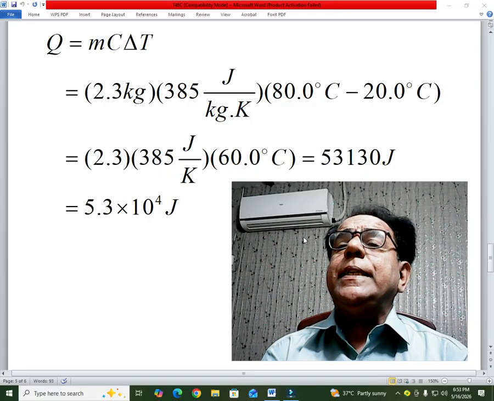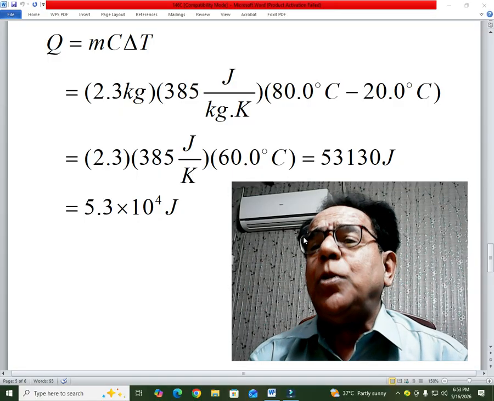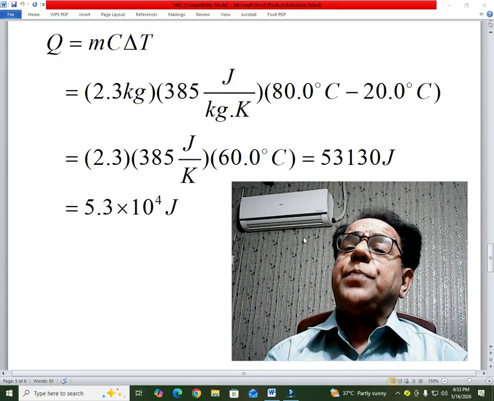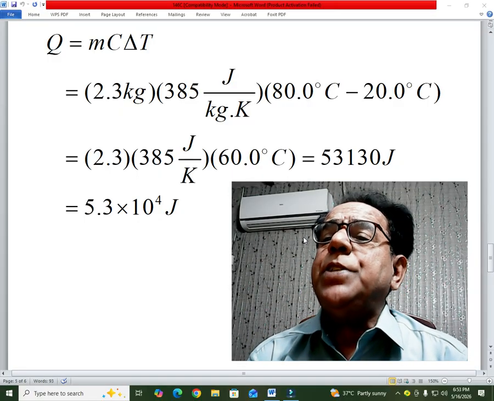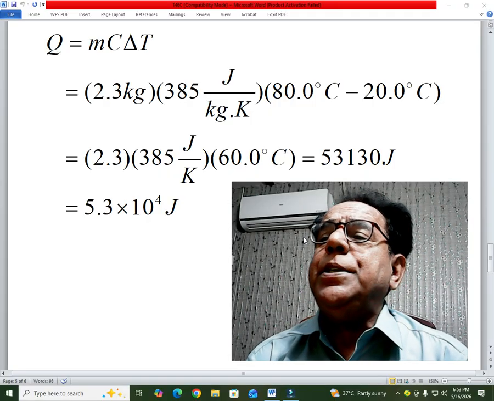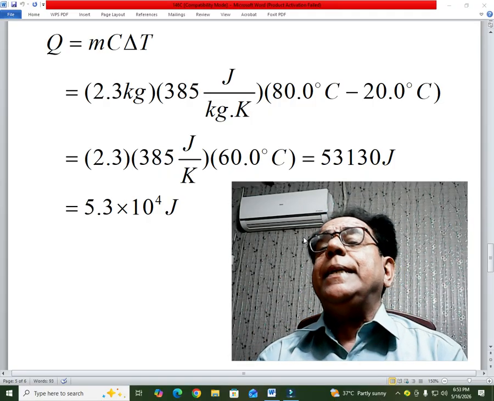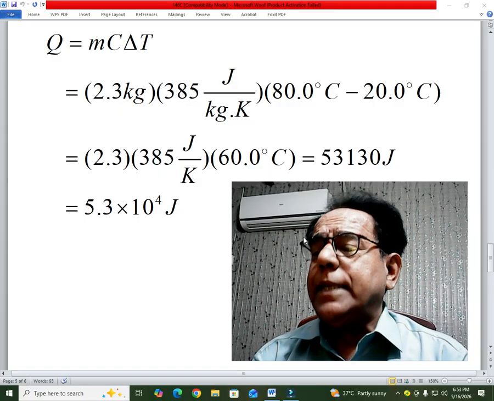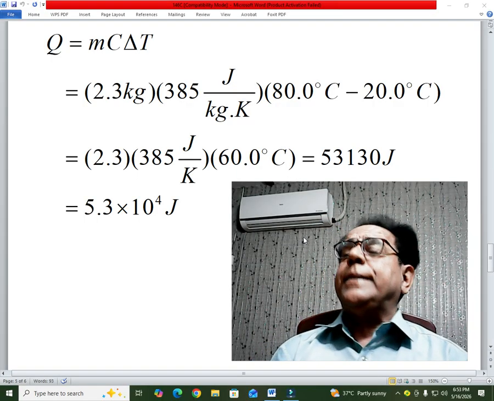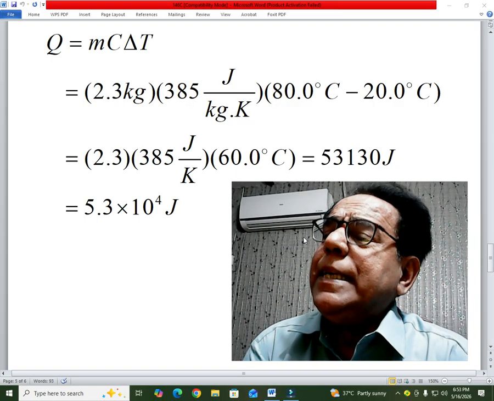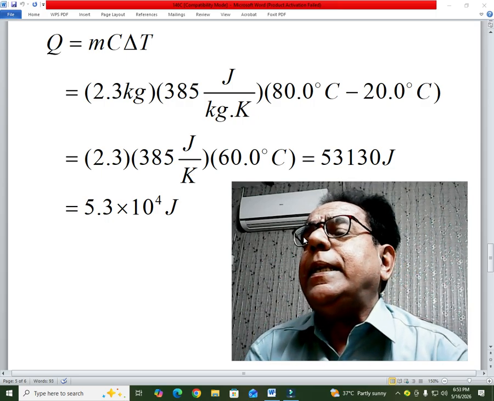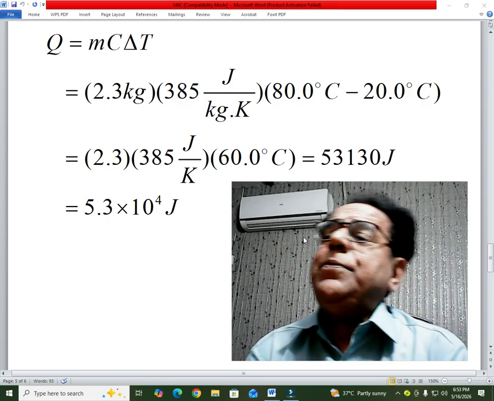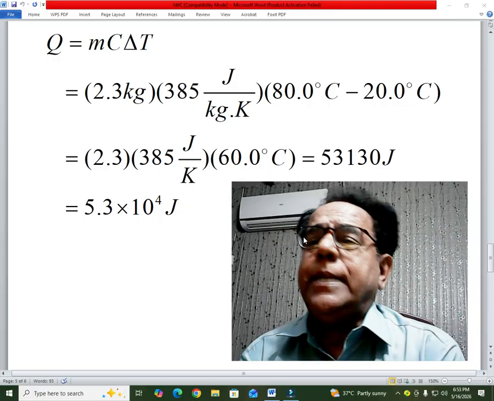C, specific heat, has been taken from the table of physical constants, which is 385 joule per kilogram into Kelvin. And then delta T, that is final temperature minus initial temperature. Final temperature is 80 degrees centigrade and initial temperature is 20 degrees centigrade. So 80 minus 20 will become 60 degrees centigrade.